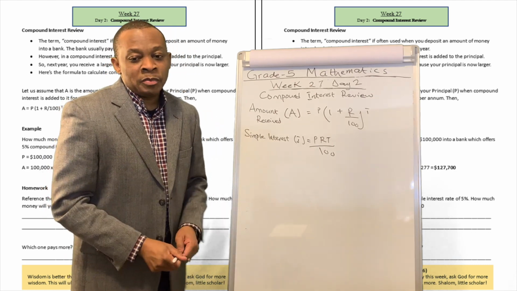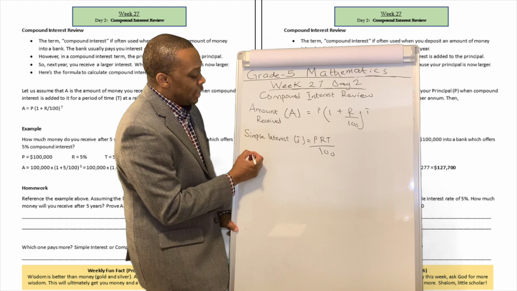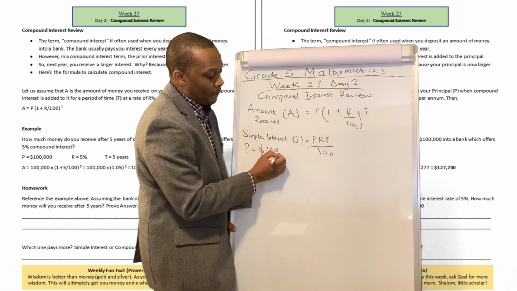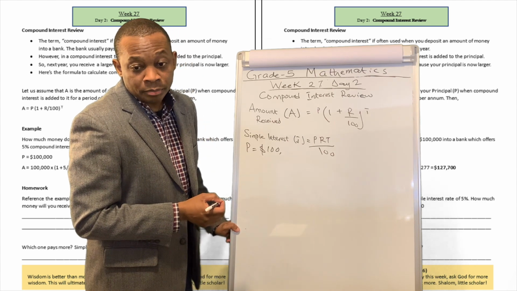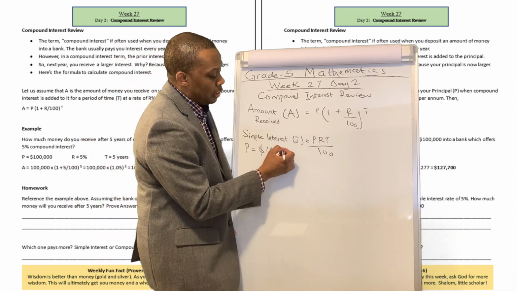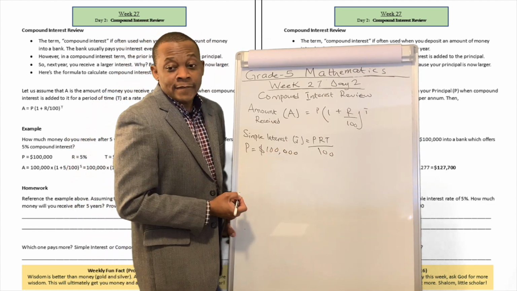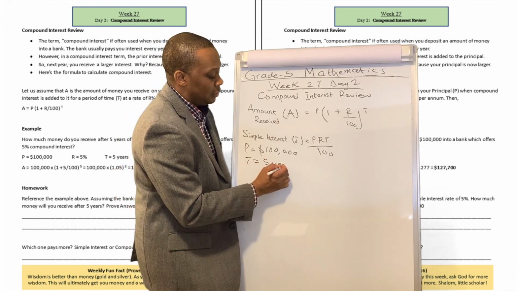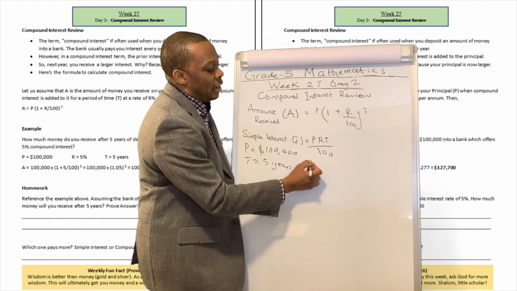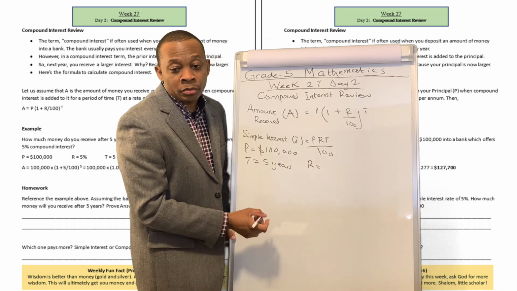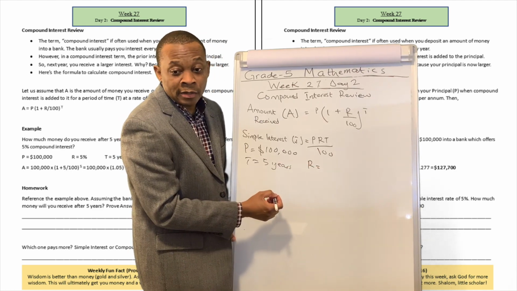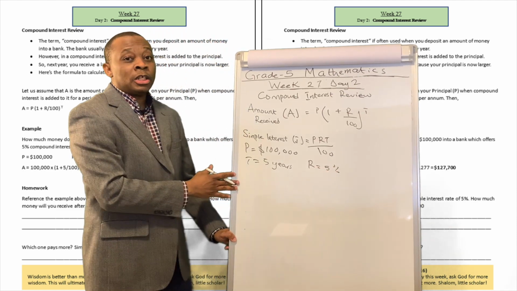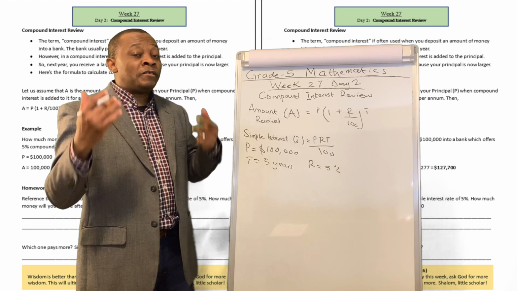So let's assume that you deposited $100,000 into a bank for 5 years, and the bank offers a simple interest rate of 5%. How much money are you going to get at the end of 5 years?